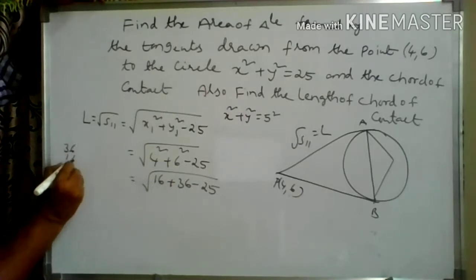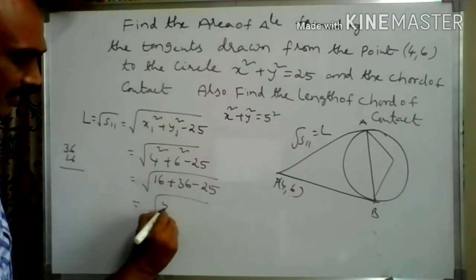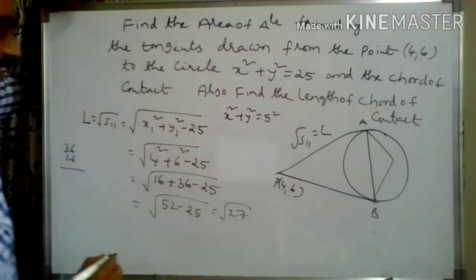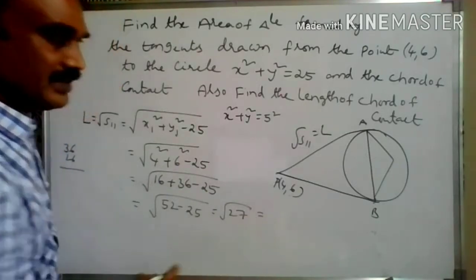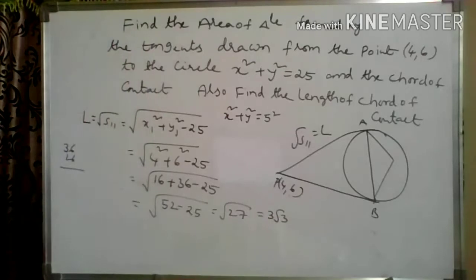So 36 plus 16 is equal to 52. Root of 52 minus 25, root 27. L is equal to root 27. Root 27 is equal to 9 into 3, so this value is 3 root 3.